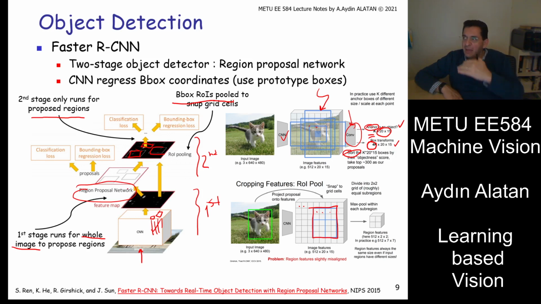Therefore, we have some initial few hundred hypotheses, but for every hypothesis, I'm also doing some refinement of the coordinates, and also through a classification loss, whether this is a cat or dog, I have to classify this information as well.